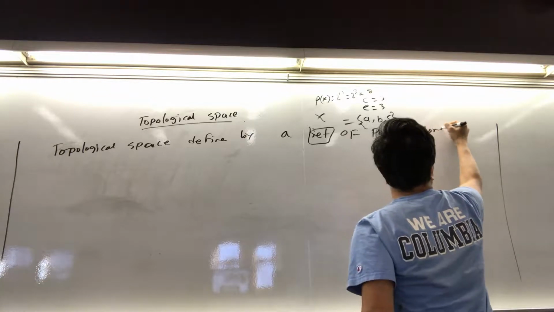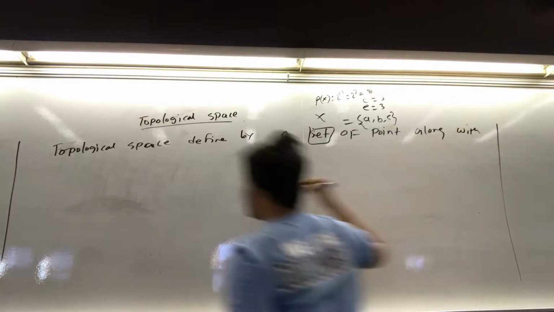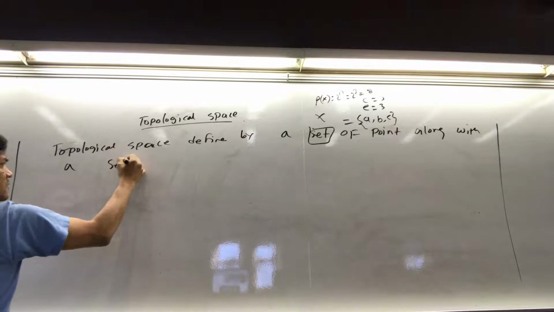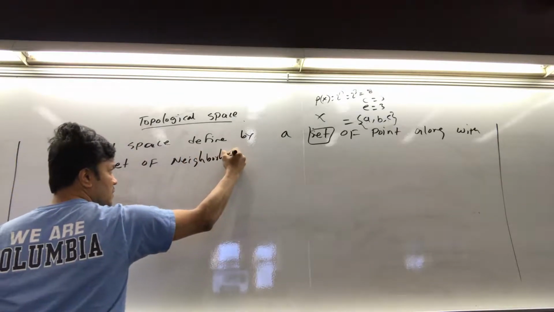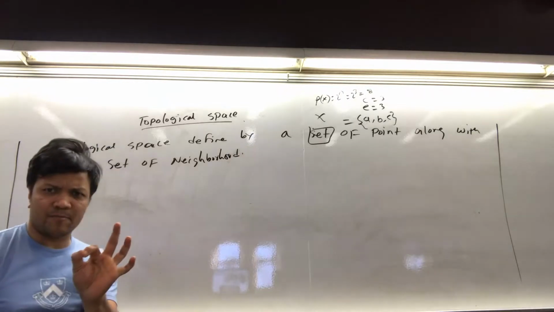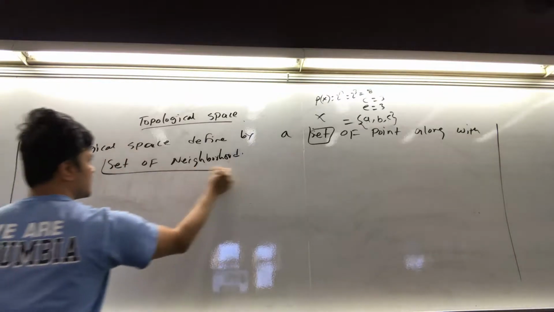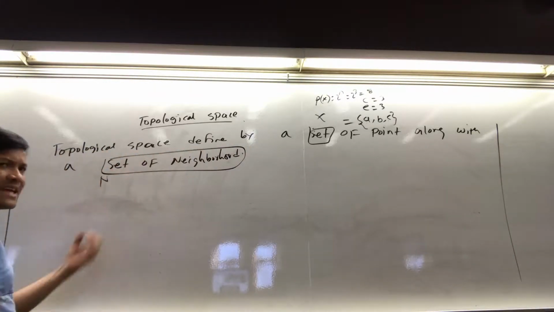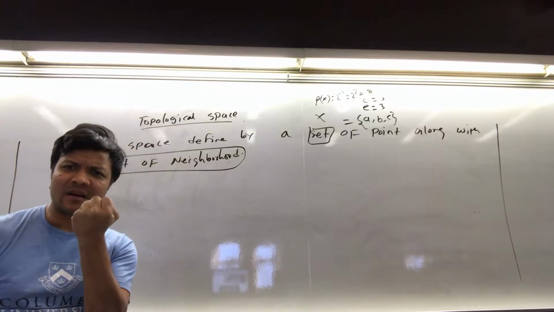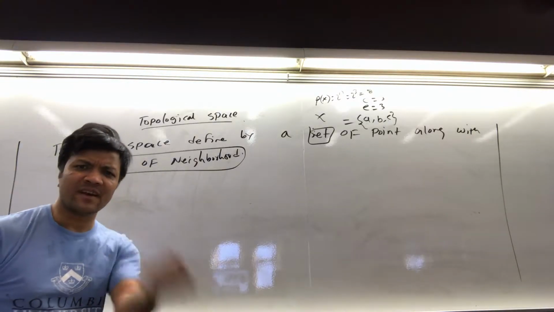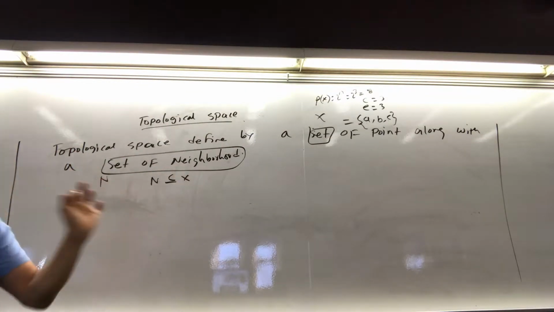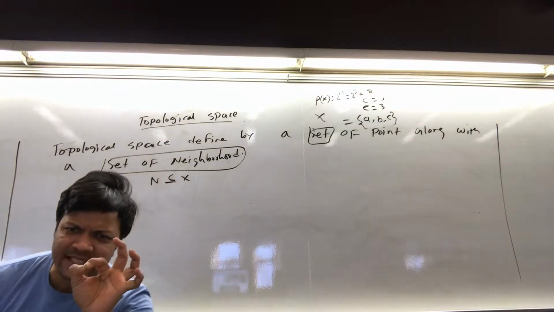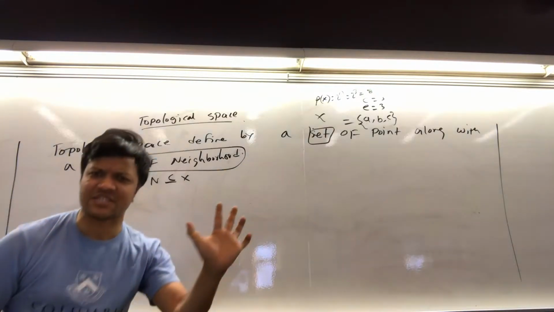Along with a set of neighborhoods. Let's call tau the set of neighborhoods. Then tau must be a subset of the power set of X. A set of neighborhoods in which every single point has to satisfy three axioms.